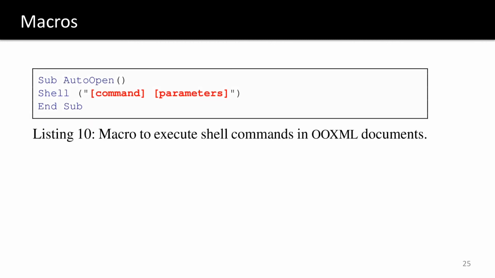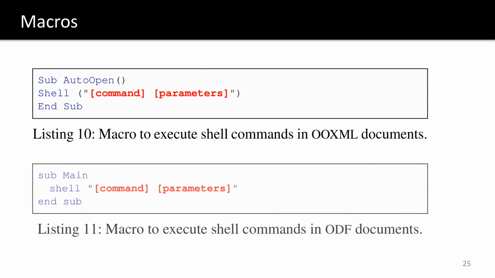However, once enabled, until today there's no limitation regarding macro capabilities. For example, shell command execution in OOXML and ODF is still possible. Now, this is not a vulnerability, but during our research we discovered some further weaknesses that led to code execution in both tested Office suites.